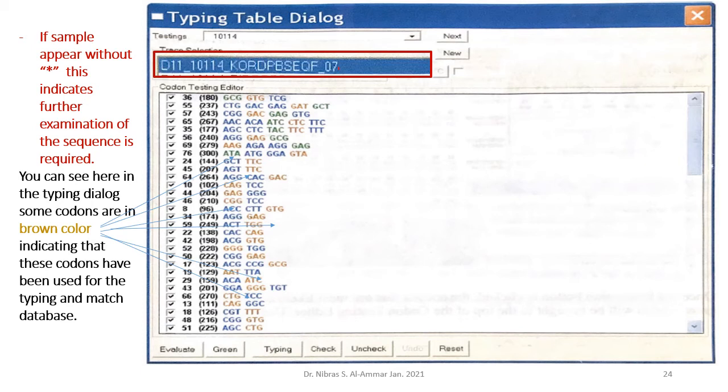You can see here in the typing dialog, some codons are in brown color, like these: TTC, TTCGAC, CAG. Many codons in brown color indicate that these codons have been used for the typing and matched the database in that case.